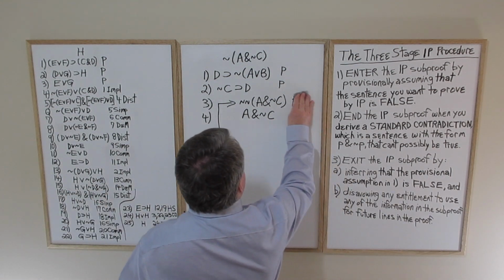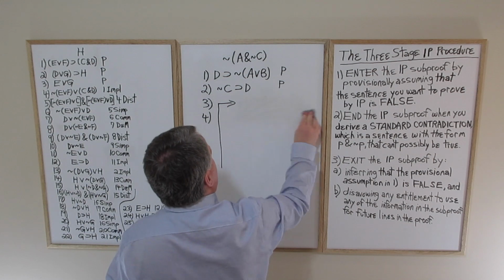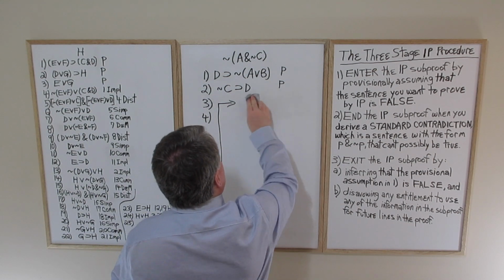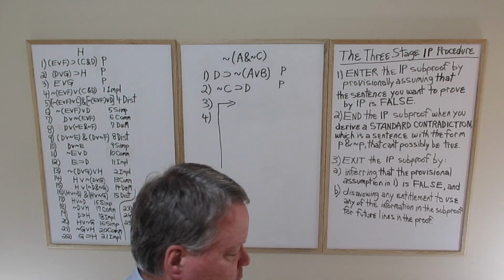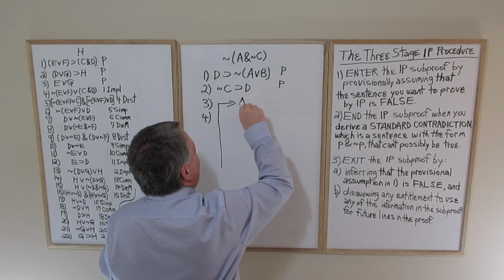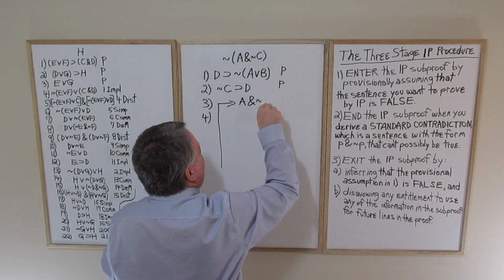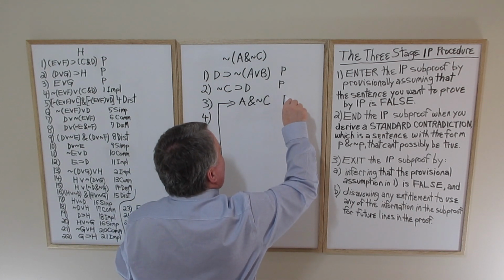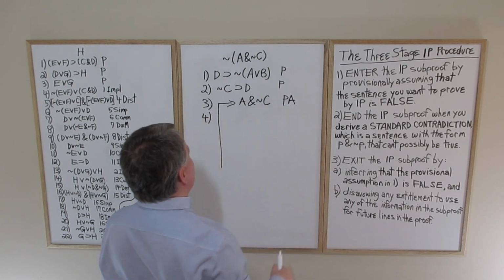We can just start the subproof with A and tilde C as our provisional assumption.